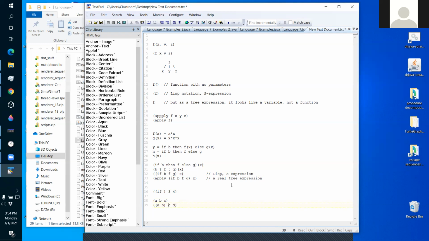And then you can nest this all you want. You could then do that, that's an S expression. Okay. You're calling that thing. Well, what is that thing? Well, that thing is a function.